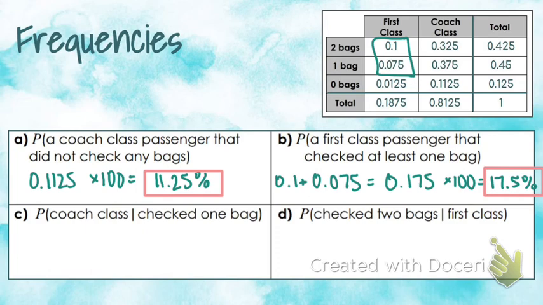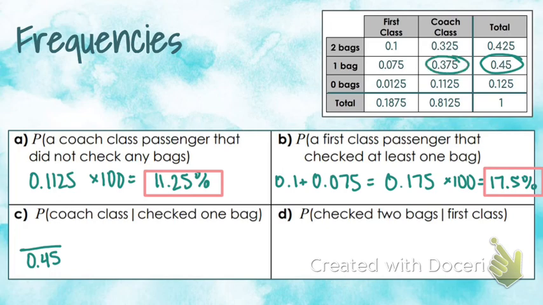All right, we want the probability of a coach class passenger given that they checked one bag. So remember, this is when we do the probability of B given A. So if we know they checked one bag, then that means that we have this many choices, or that's the frequency that will go in the denominator. Now, of those, how many were coach class?